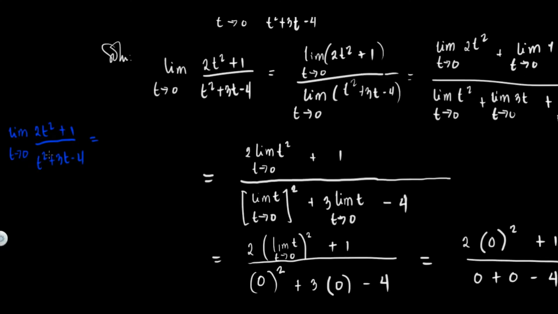So, that is equal to, pwede to, diretso na lang substitution. Okay? 2 times t squared. Okay? Ang t is 0. 0 squared plus 1, all over 0 squared plus 3 times 0 minus 4.